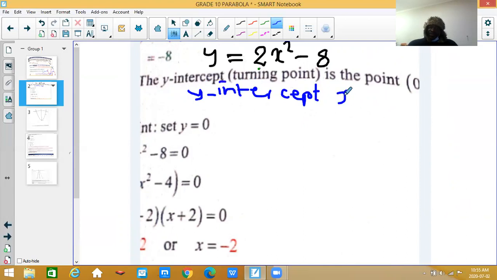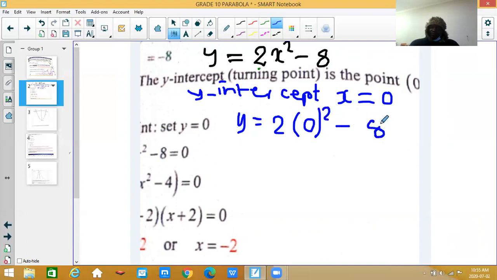On the y-intercept, x is going to be 0. So you have y is equal to 2, in the position of x you replace it with a 0, minus 8. 2 times 0 is 0. 0 minus 8 is minus 8. We are saying y is equal to minus 8.